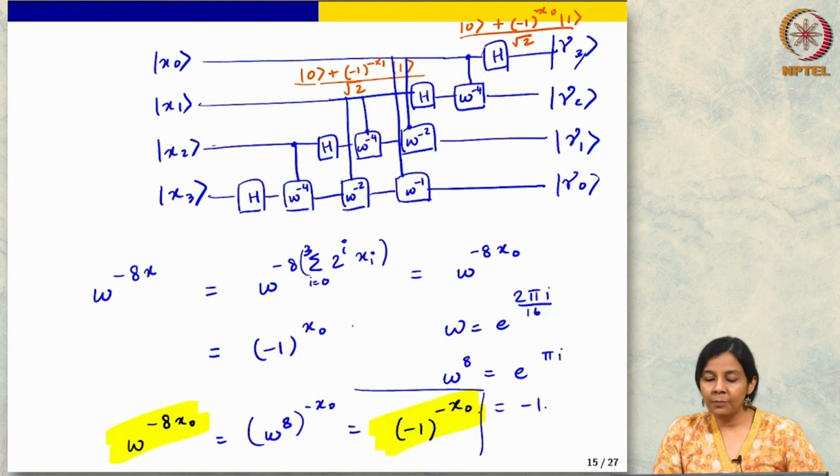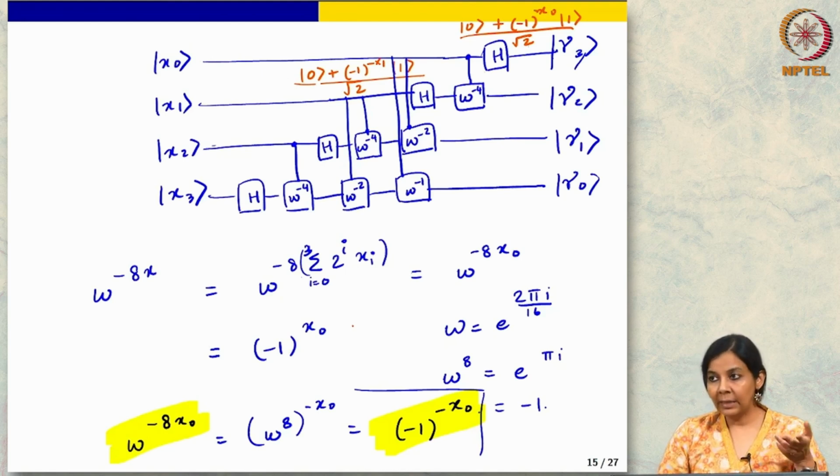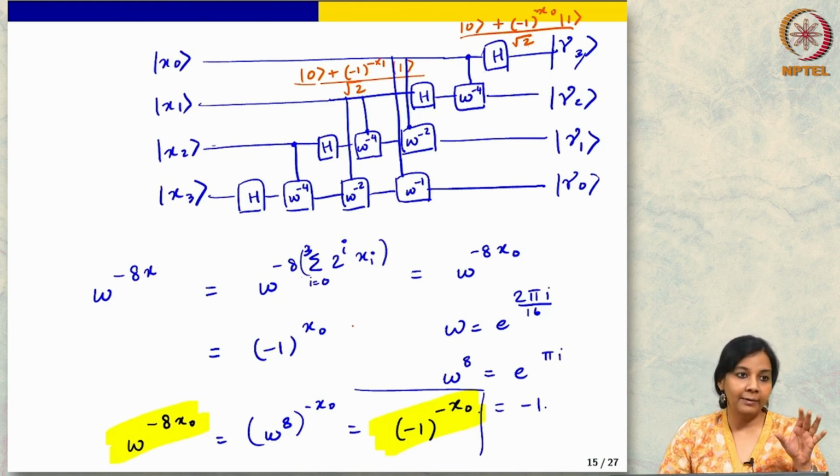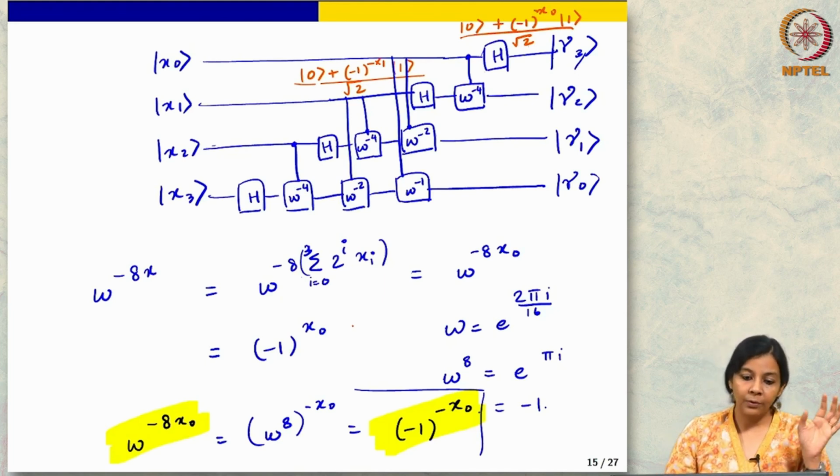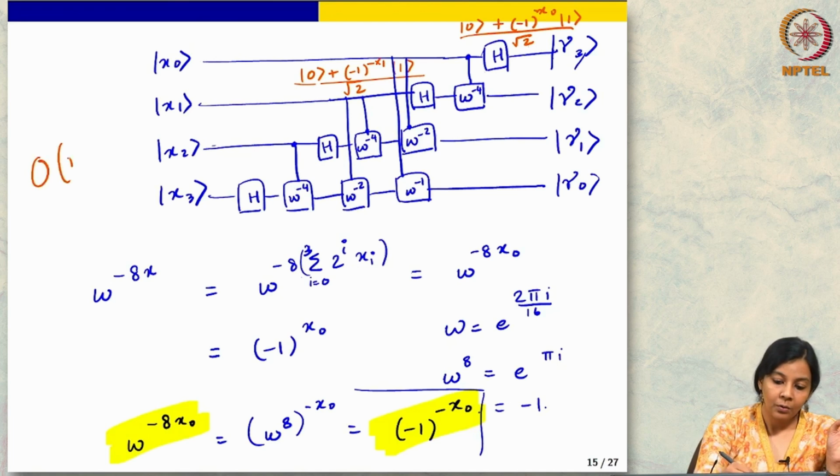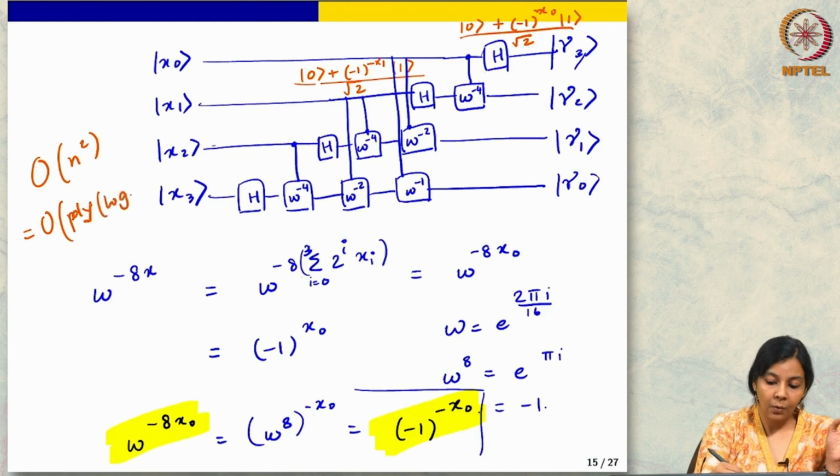So this is the special case of small n equal to 4, and it generalizes very naturally to any n. And it shows that to implement this circuit you need only a quadratic number of gates, order small n squared. So this is order poly log n.